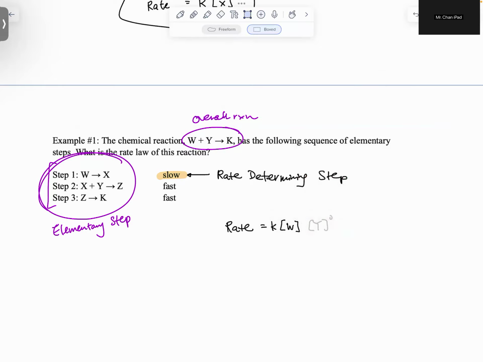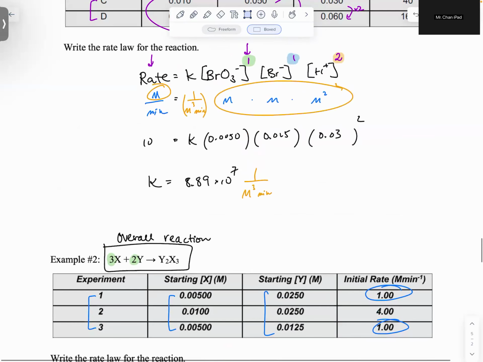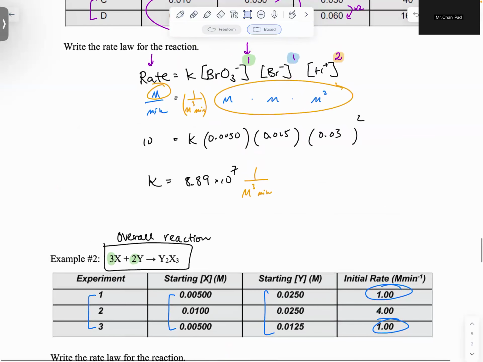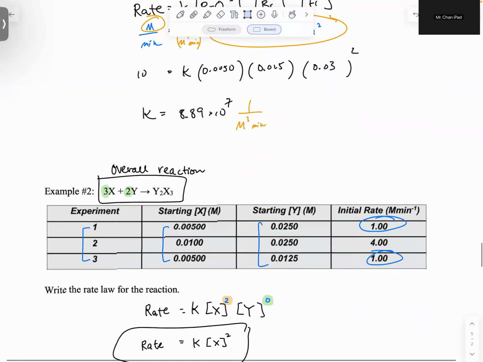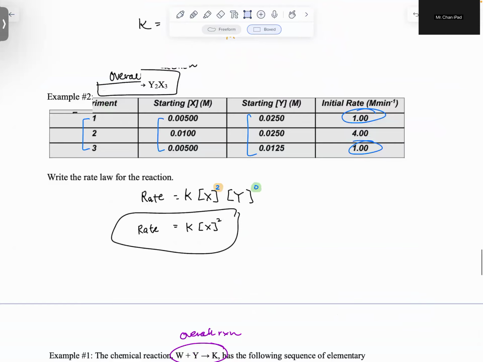It's implicit. It's first order to W, 0 order to Y. So with elementary steps, we will use the coefficient to write down the rate law. But we never ever write down the rate law based on the overall reaction. So make sure you know there are two types of reactions right here, like verbally or on paper, and you do not confuse them.